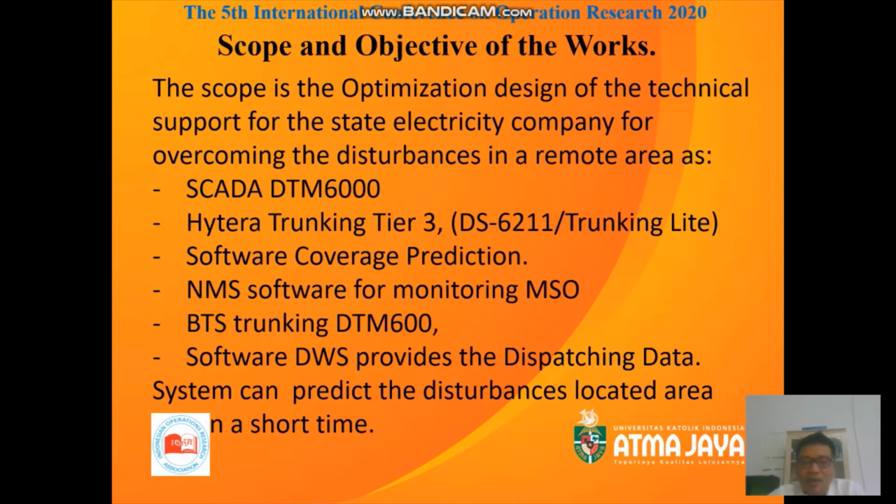Here the model number is DS6211 or tracking light, and the software coverage prediction, NMS software to monitor the MSO, BTS tracking to transmit the data from DTM6000 to the control room, software DWS to provide the dispatching data, so the system can predict the disturbance located area in a short time.